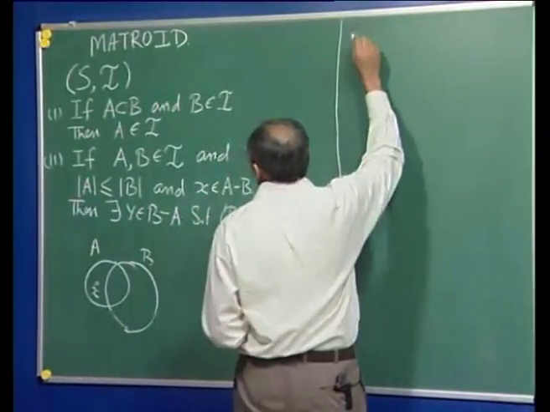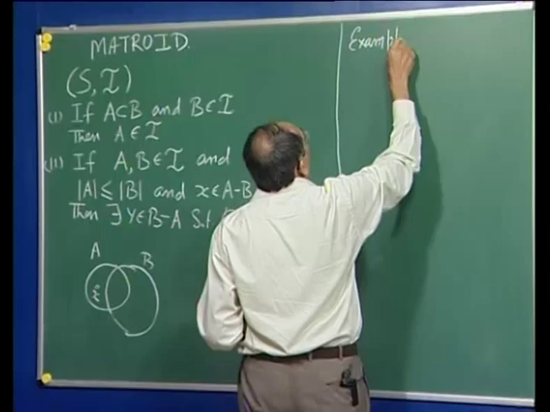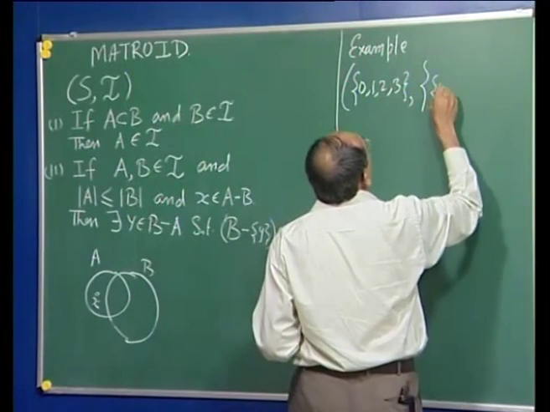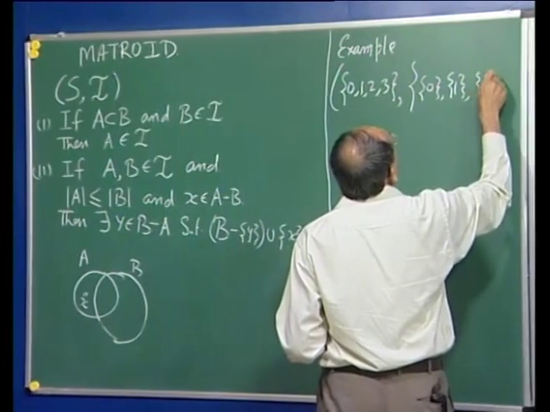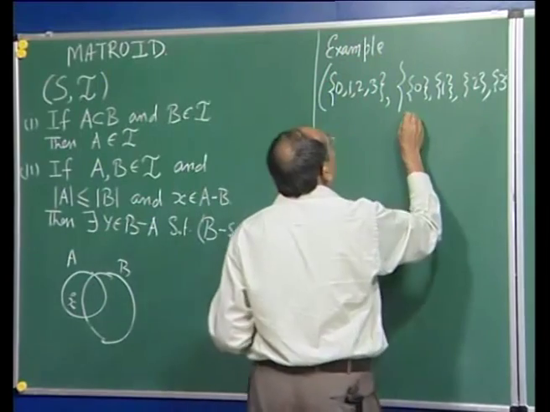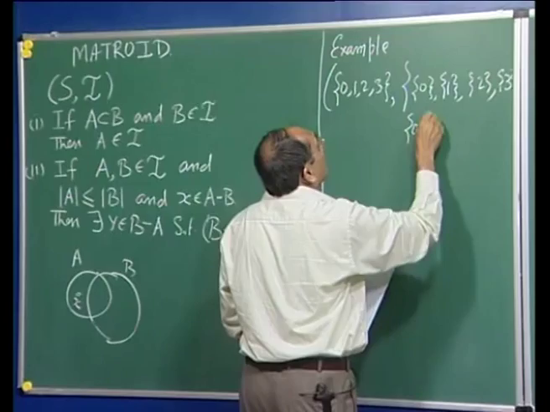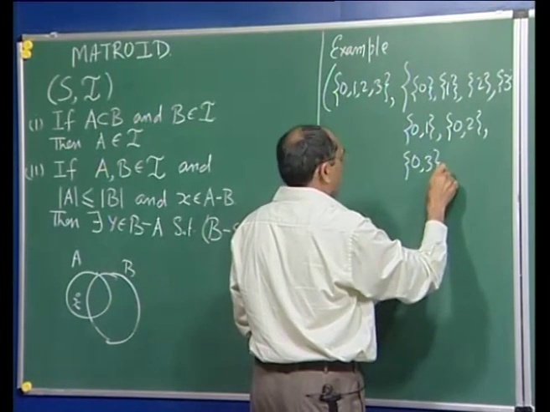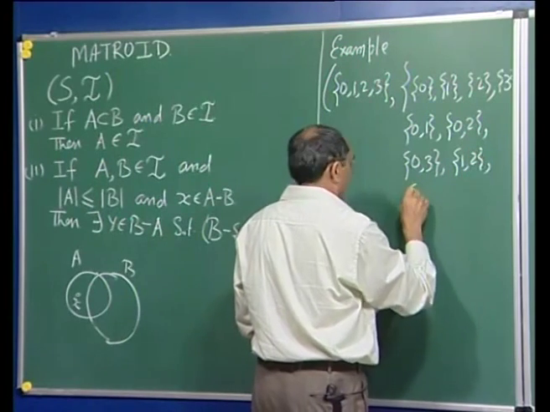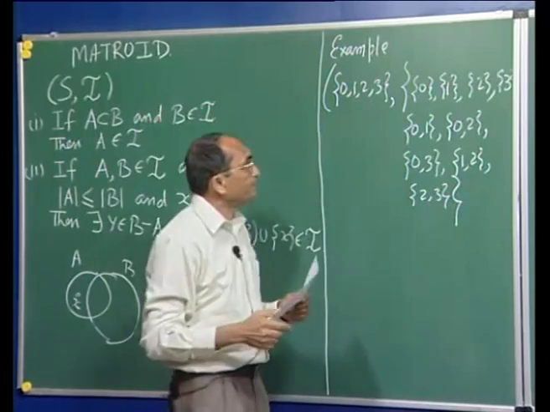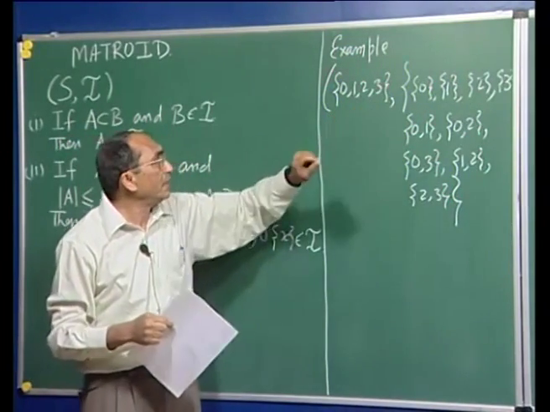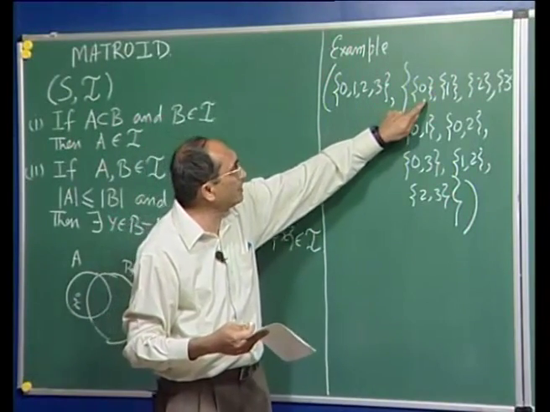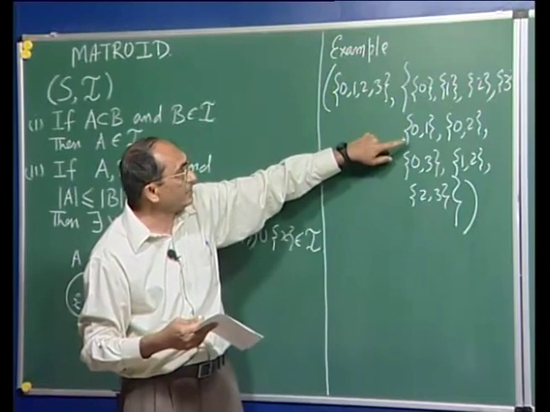Here is a small example. I have set S containing 4 elements, and the script I, the family of subsets, contains the singletons 0, 1, 2 and 3, and these 5 additional sets containing 2 elements.